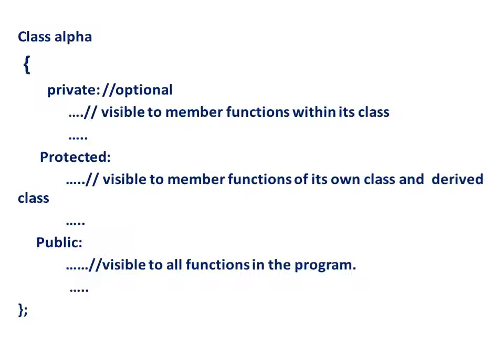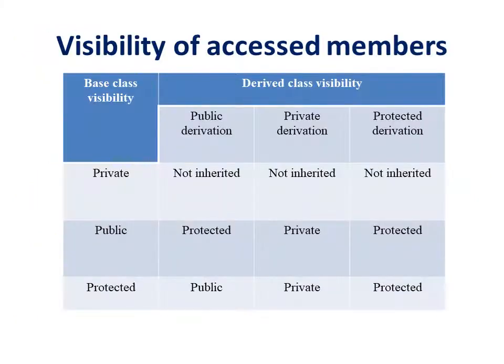The members I mention under private will be accessible within that class alone. If I declare protected members, they are visible to their own class as well as its derived class. So this is the visibility of accessed members.